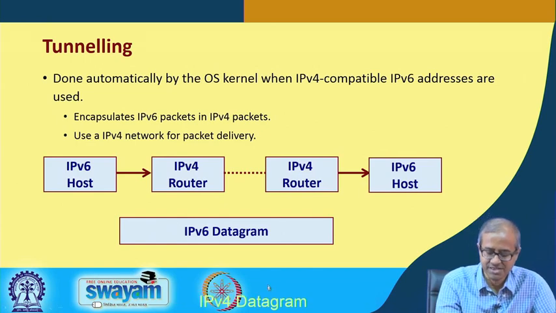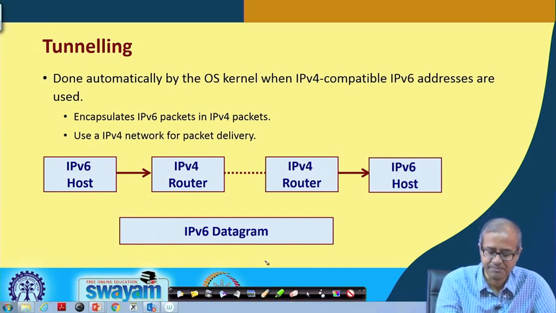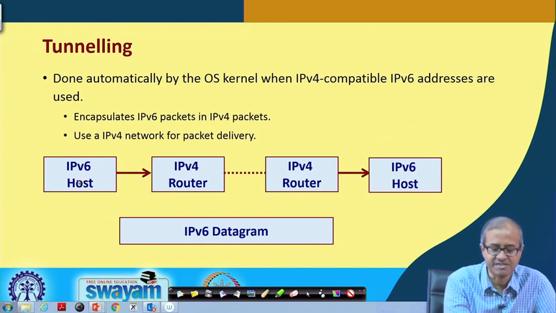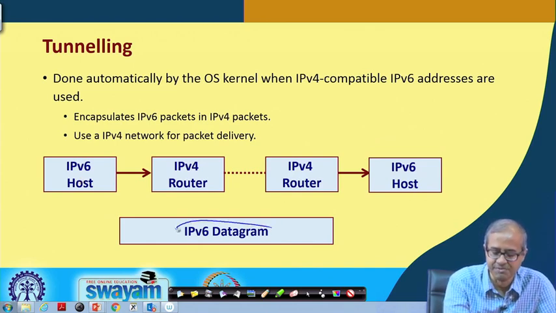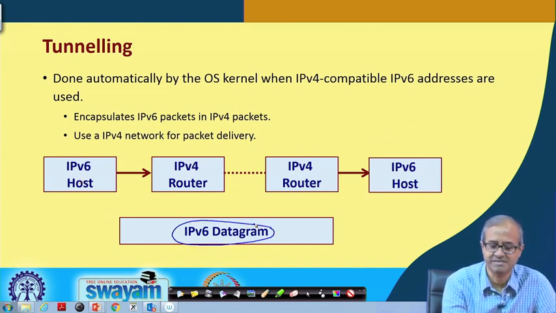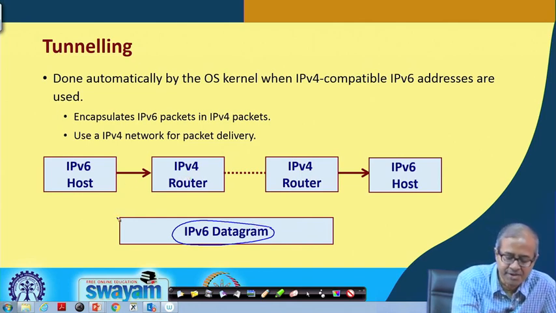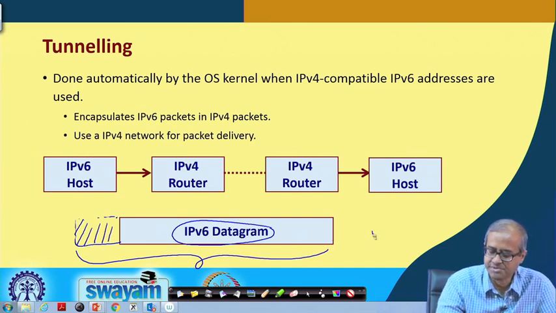So, here it is explained diagrammatically. You have an IP version 6 host which is generating an IP version 6 packet. Then you have to send it to an IPv4 router. What you do is append an IPv4 header before it. So, the whole thing becomes an IPv4 packet.